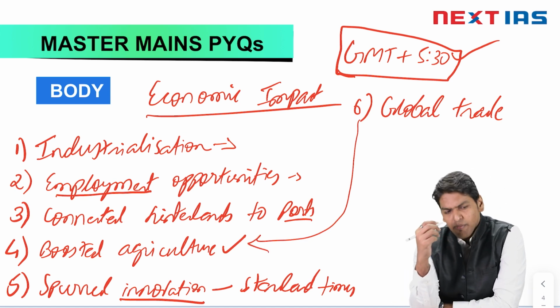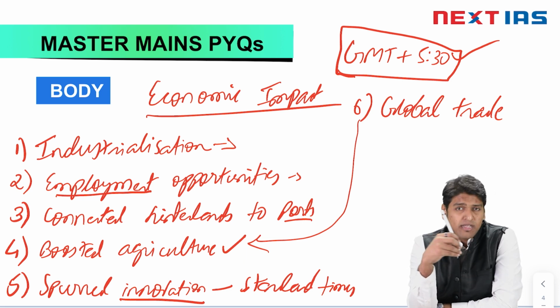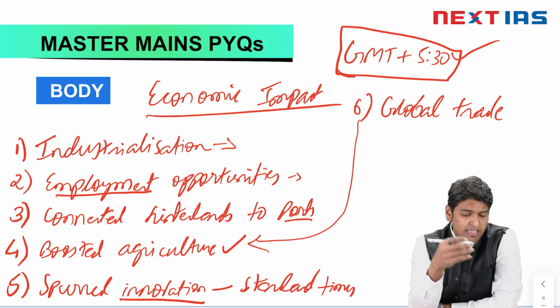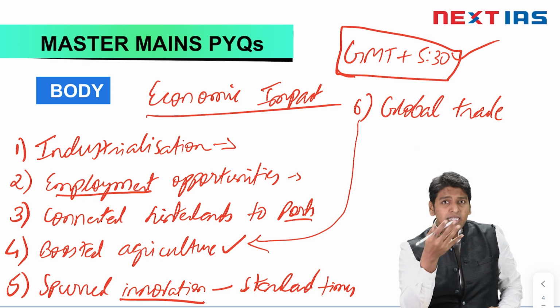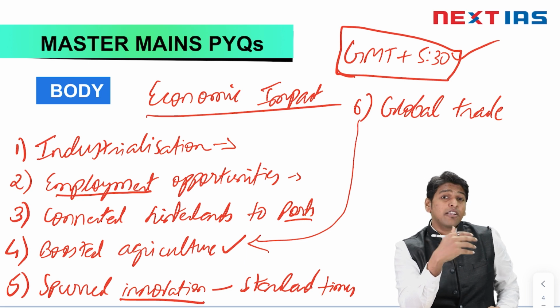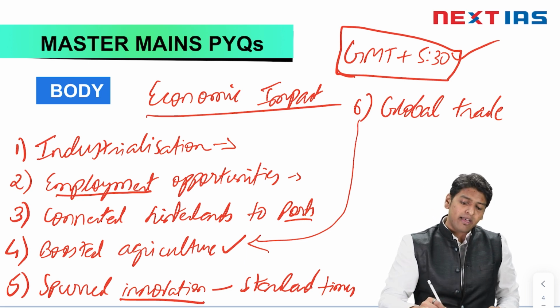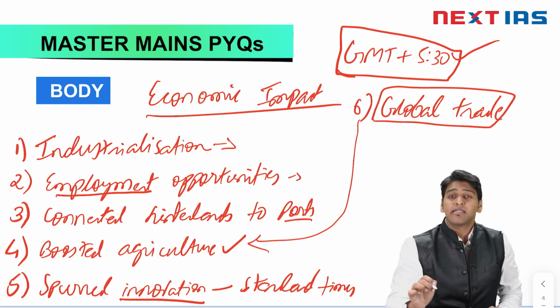Because earlier people used to produce just for their geography, just for their region, but now because of railway, they could export, they could send their resources, send their produce to further places, and this incentivized them to produce more. So the places which had more production value, more productivity, started to produce more because they had a ready market because of railways. Okay, so it promoted global trade as well.